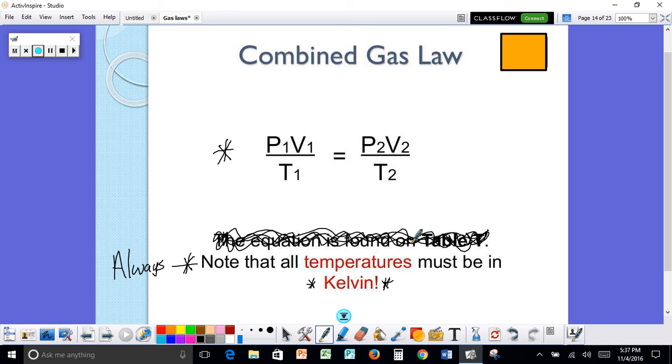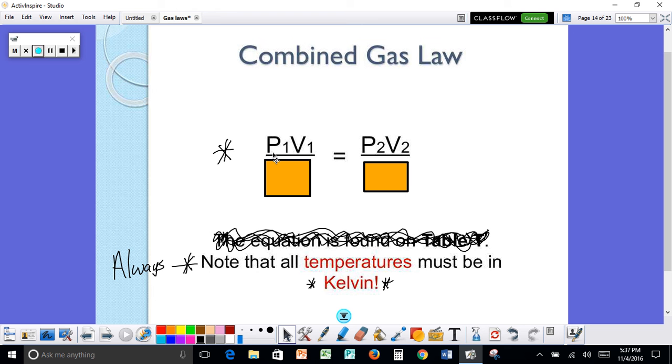Alright, so I just told you that you can use this one for any of the three previous ones, and let me show you why. Because if we are dealing with a Boyle's law question, temperature is constant.